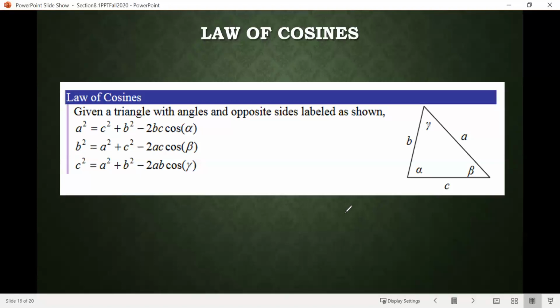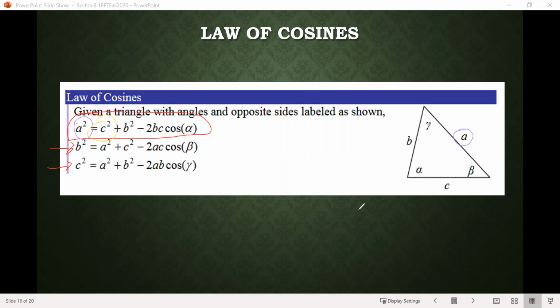And so here's the more general version of it. So you'll see up here, we have again a squared equals c squared plus b squared minus 2bc cosine alpha. And then you see different combinations down below. Now, what I want us to notice is, for the one that we did, notice that it has the a squared by itself over here, which is the side length of a.